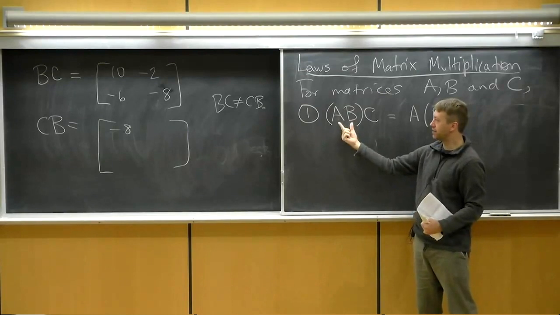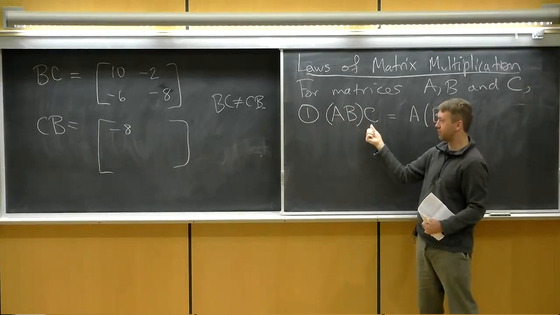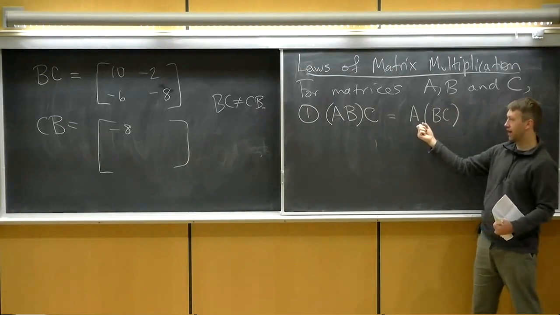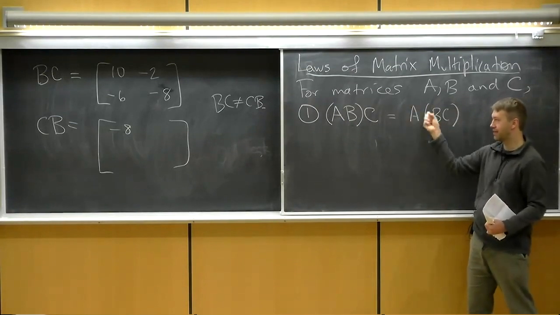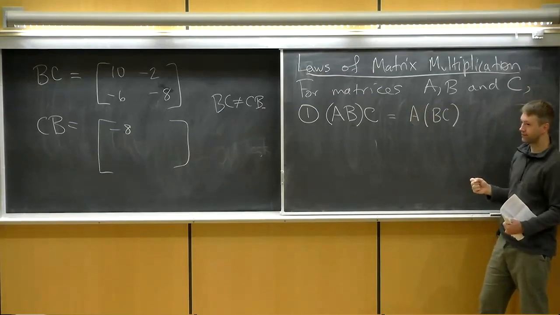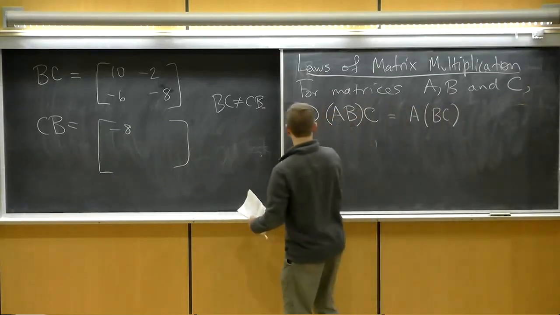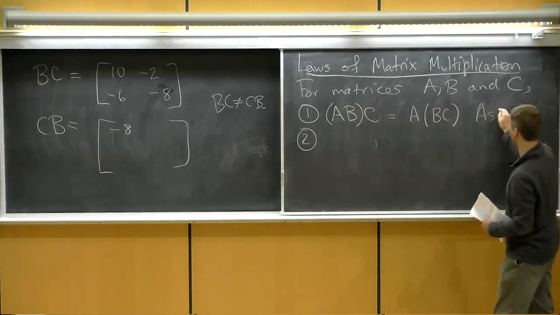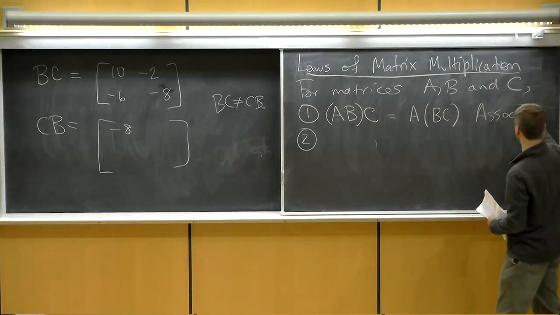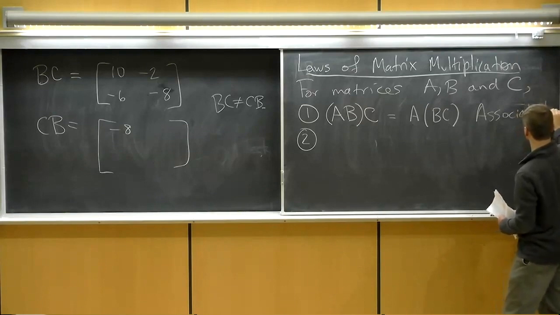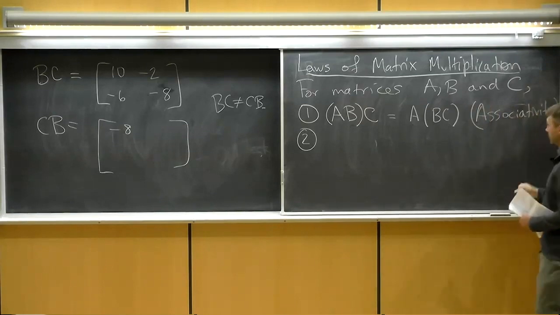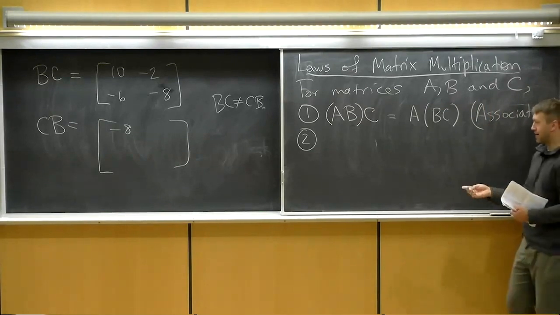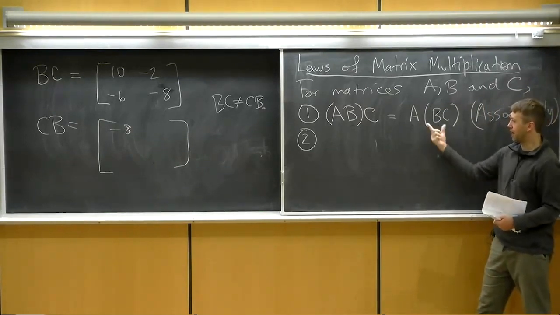But if I do AB first and then multiply by C, that's the same as doing BC first and then multiplying by A on this side. This is called associativity. So matrix multiplication is associative, meaning you can bracket it in different ways.